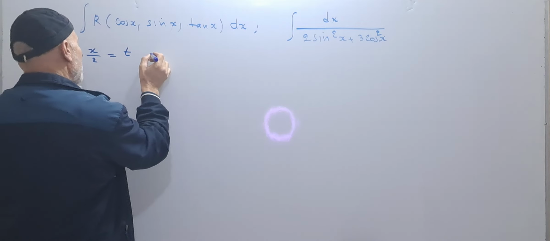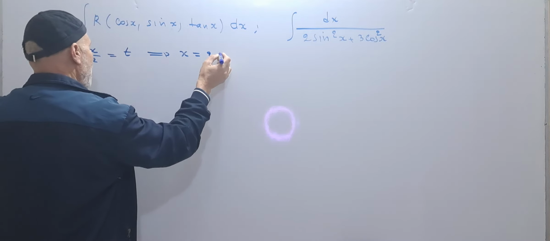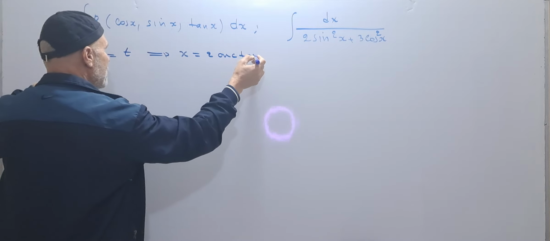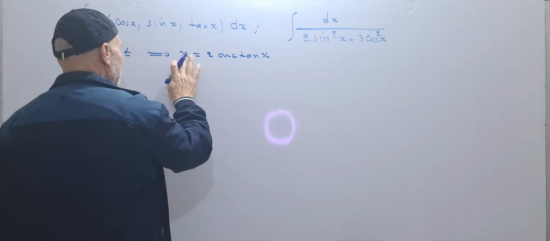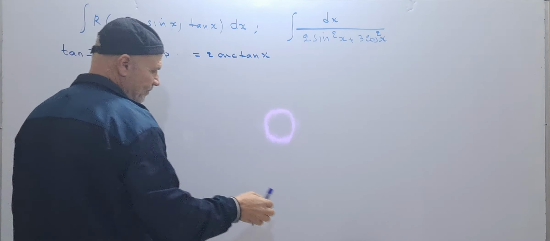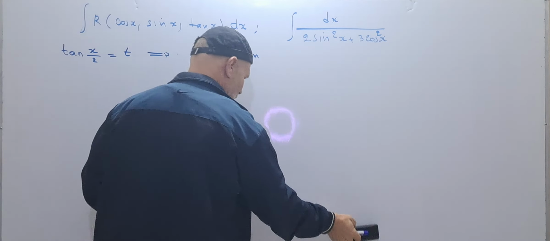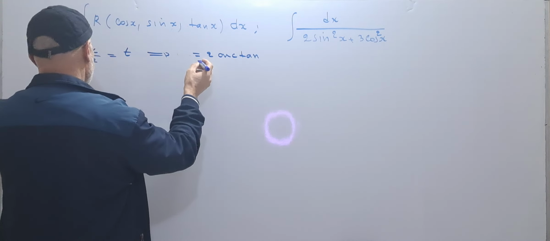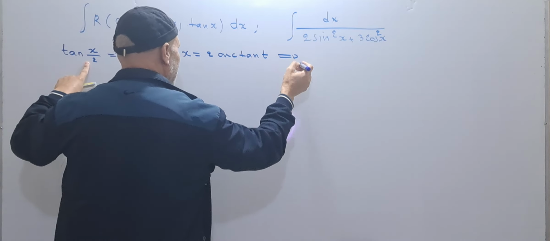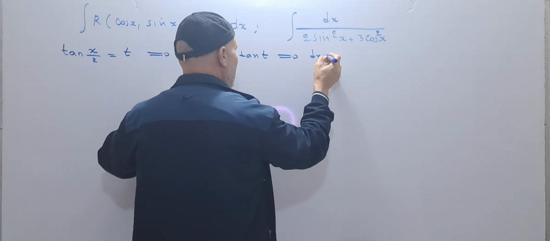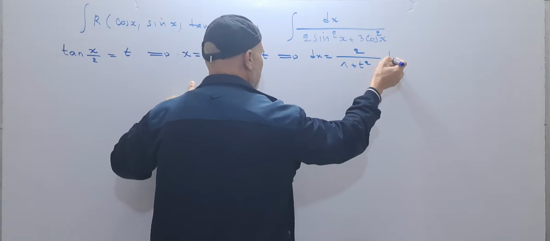For dx, since tangent x over 2 equals t, we have x equal to 2 arctangent t, and then dx is equal to 2 over 1 plus t squared dt.